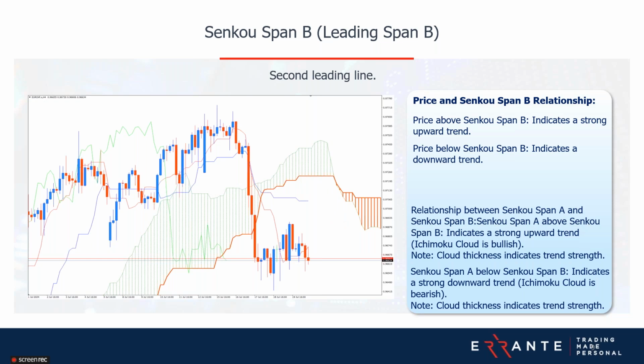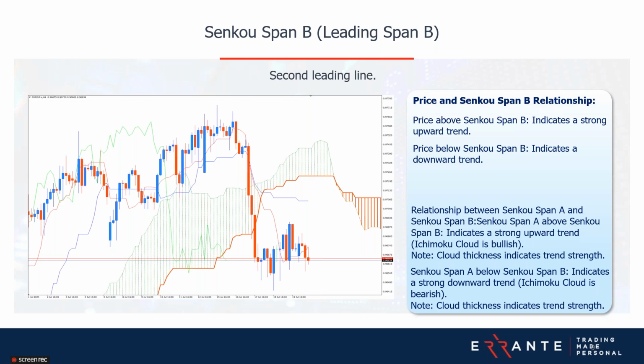One of the key advantages of Senkou Span B is that it shows stronger, let's say, support and resistance levels due to its longer calculation period. So keep it in mind, and this ability allows us to make better trading decisions and avoid sudden market changes. Also, you should know Senkou Span B is a very strong indicator for identifying market turning points.